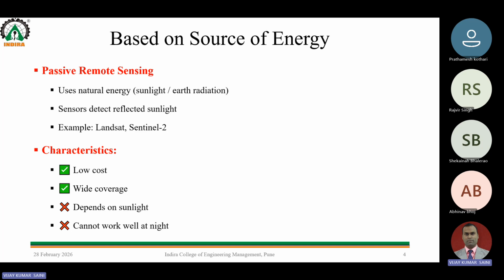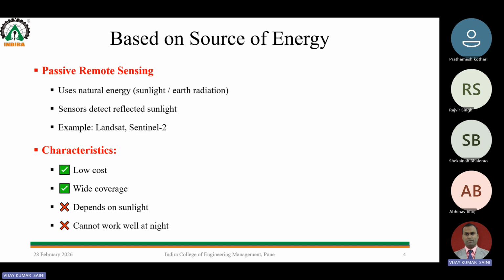Passive remote sensing uses natural energy like sunlight or the earth's radiation. The sensors basically detect the reflected sunlight.